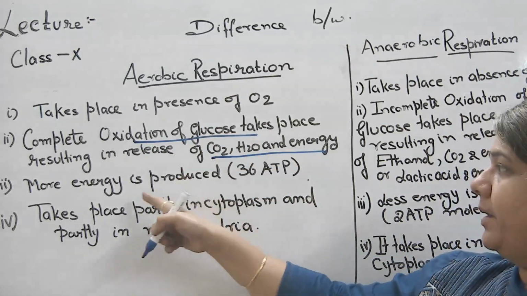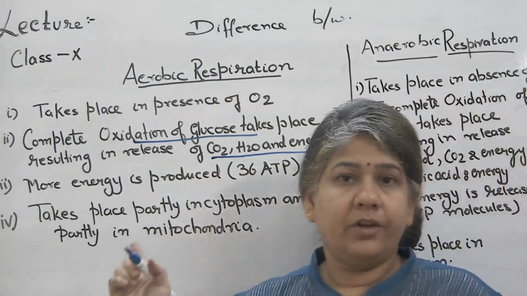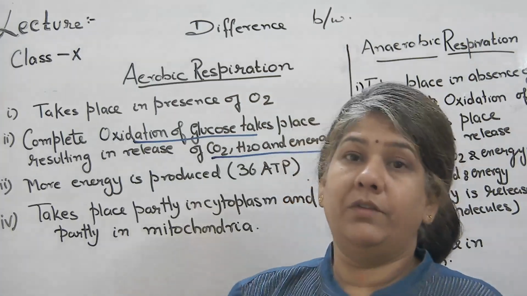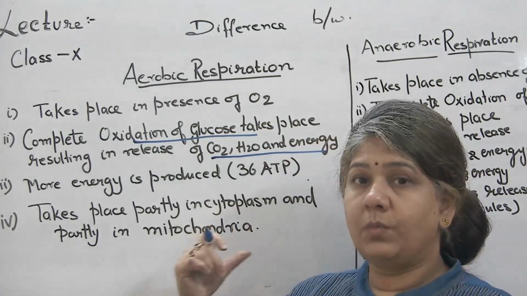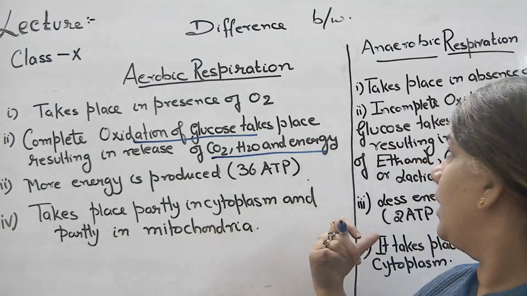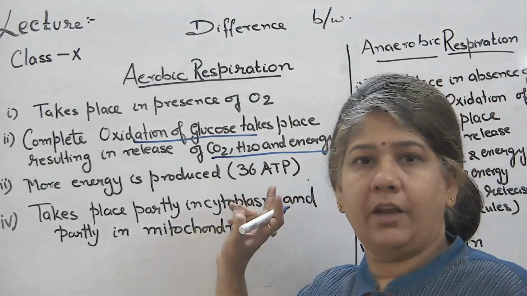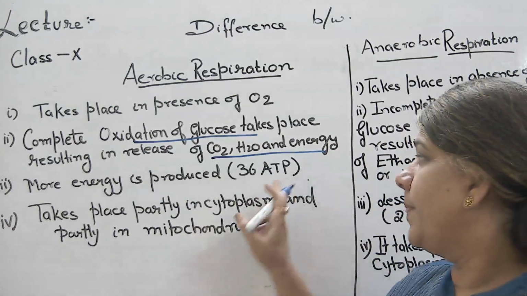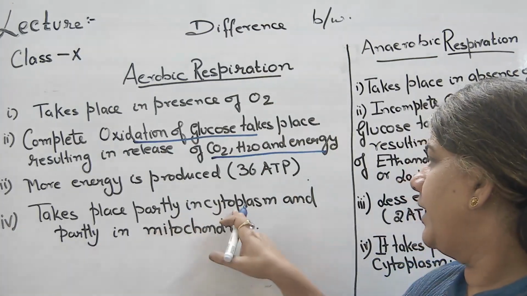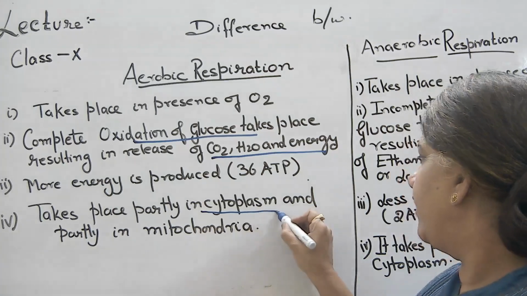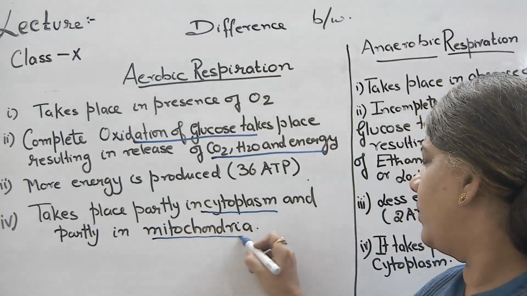The third important point is that during aerobic respiration, more energy is released, 18 times more than anaerobic respiration. So net 36 molecules of ATP are produced. Aerobic respiration takes place partly in cytoplasm and partly in mitochondria.